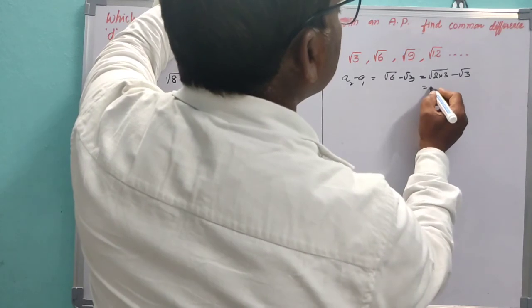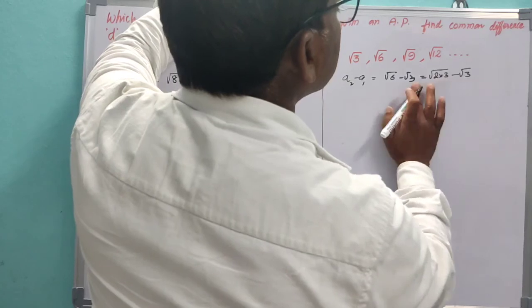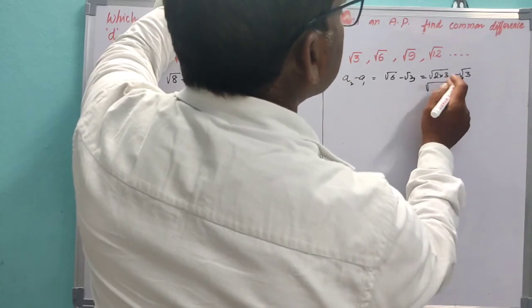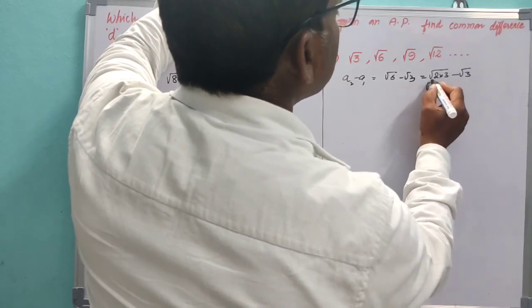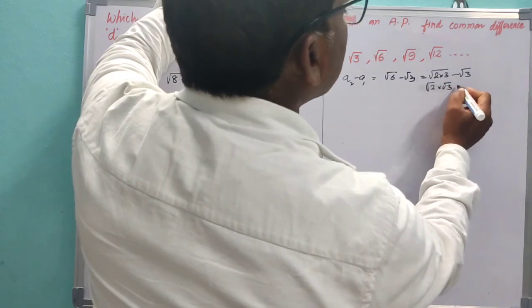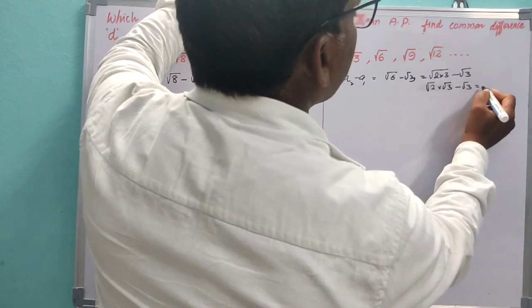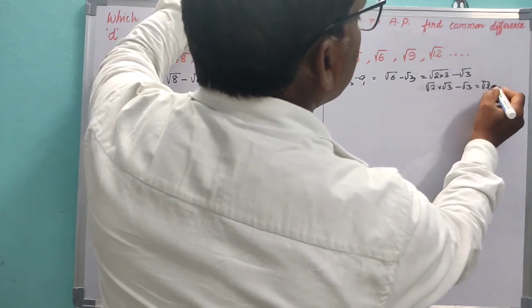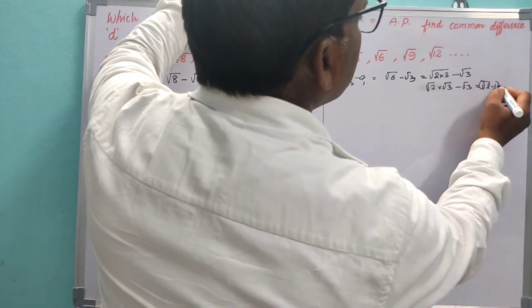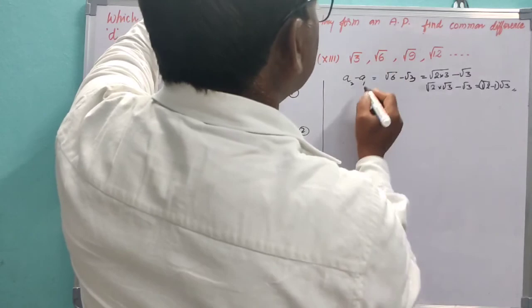Now see here, root 2 into root 3 minus root 3. This can be written as root 2 minus 1 into root 3. So this is the difference between these two terms.